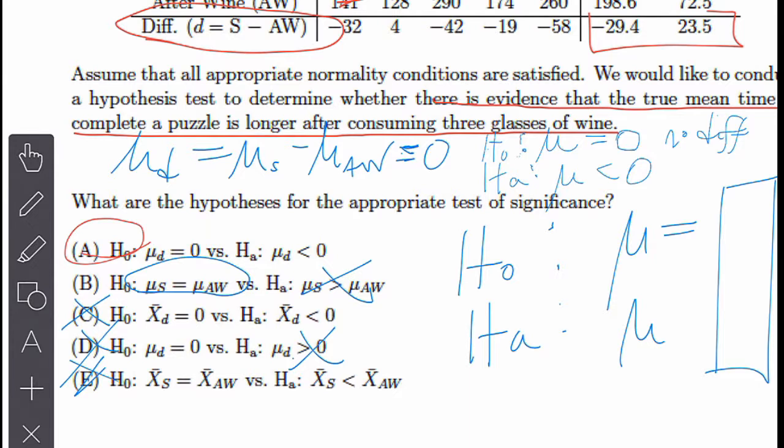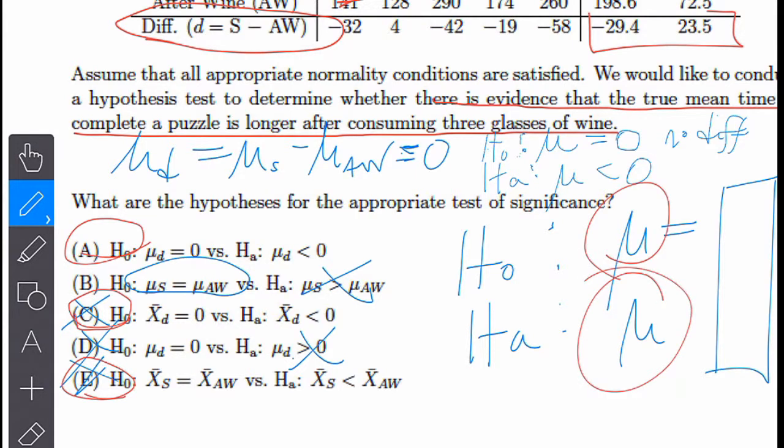So if I was giving part marks, I wouldn't give any points to E, and I wouldn't give any points to C, okay? Because that's way off. Always use the parameter, not the sample, as your parameter that you're conducting inference on.